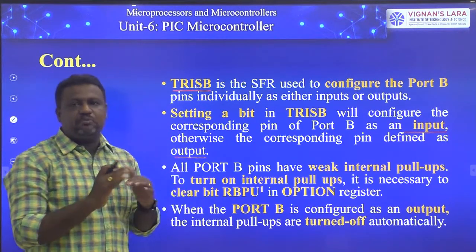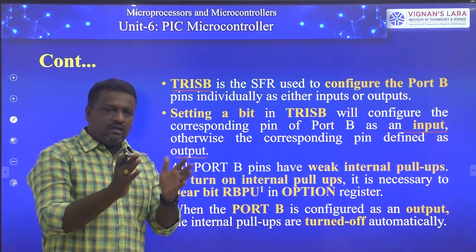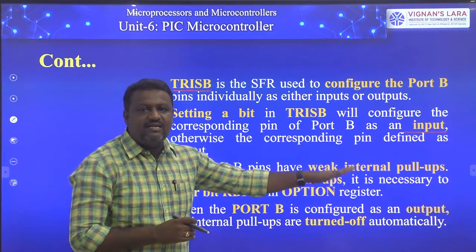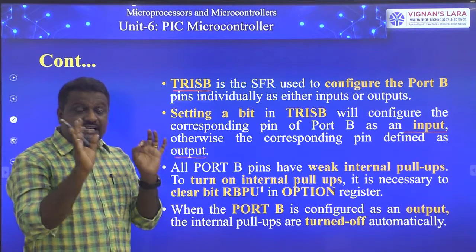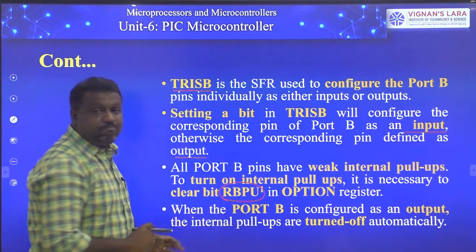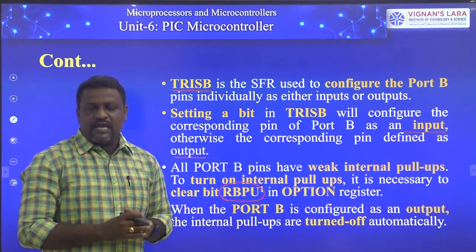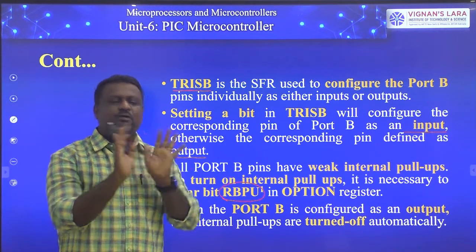Port B has some other important things to discuss. All port B pins have weak internal pull-ups. To turn on those internal pull-ups, it is necessary to clear the bit RBPU bar in the option register. I repeat, all port B pins have weak internal pull-ups.